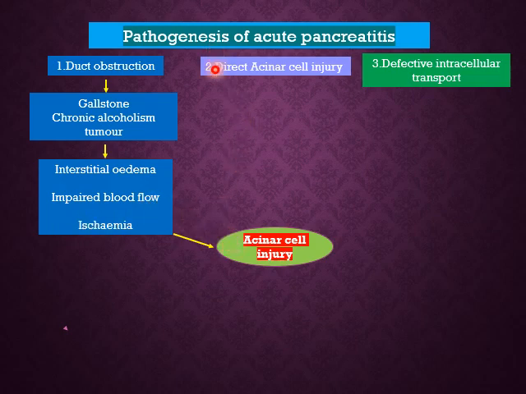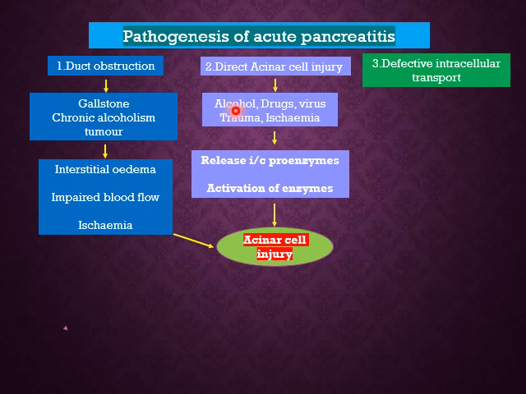The second group is direct injury to the acinar cell, and these include alcohol, drugs, virus, trauma, and generalized ischemia, which releases the intracellular proenzymes in the acinar cells, and activation of these proenzymes to the active enzyme again causes injury to other acinar cells within the pancreas.